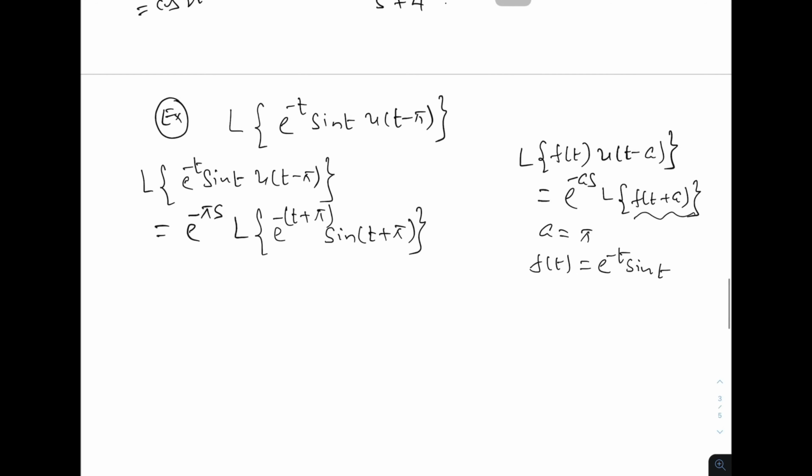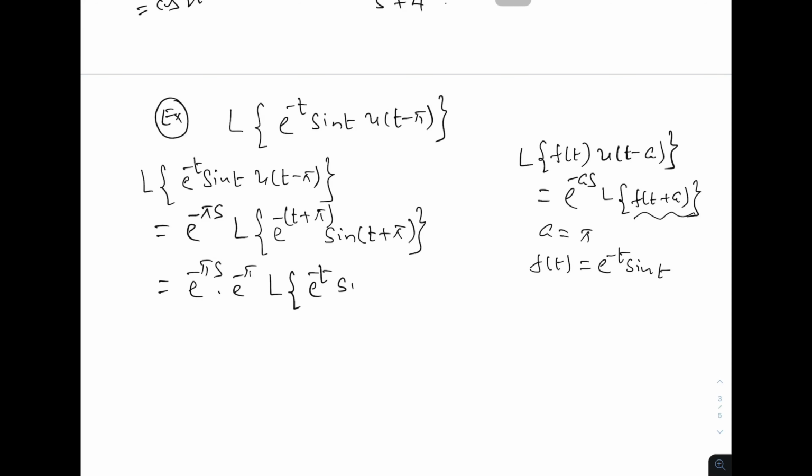Slowly you can do. You will definitely find it easy to understand. This is e power minus pi s, and now this is e power minus pi, that is constant, so it can be taken outside. So this is e power minus pi, Laplace transformation of e power minus t.